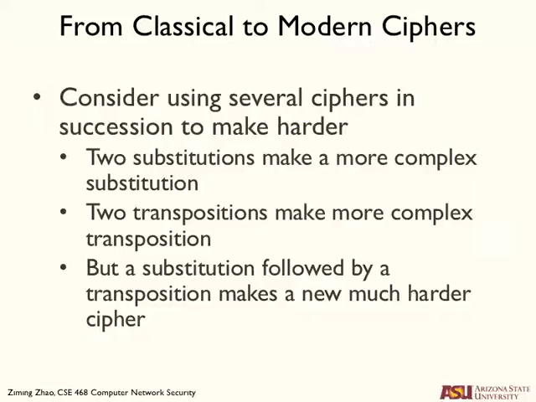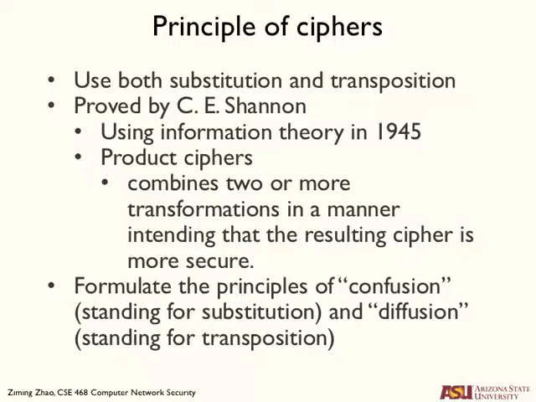This was actually proved in theory by Shannon in 1945. This new type of cipher is called a product cipher. It combines two or more transformations. Next class, we will see that AES uses a substitution, then a permutation, and then does it for multiple rounds, more than 10 rounds, to make it harder.